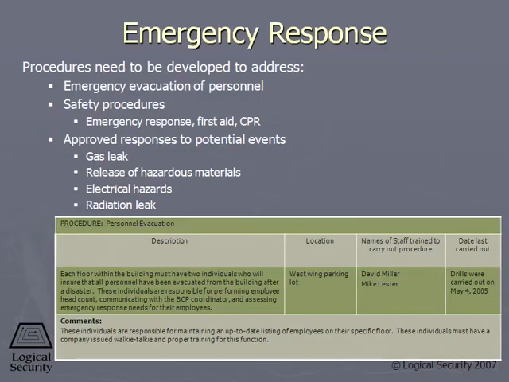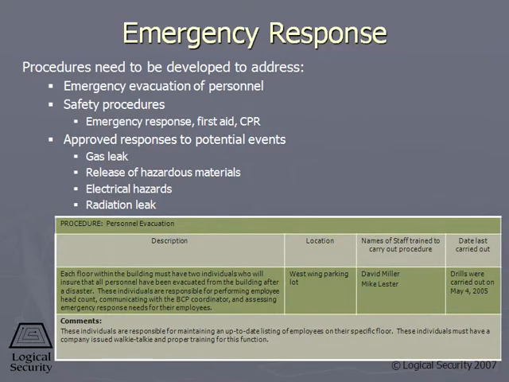Also within the activation phase is emergency response, and this has to do with safety issues of dealing with people that are hurt. People need to be trained and identified who knows CPR. You have to have first aid information, know how to respond to different types of things, and know who's going to contact the authorities.